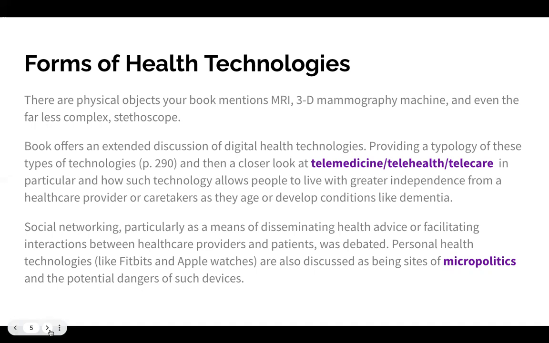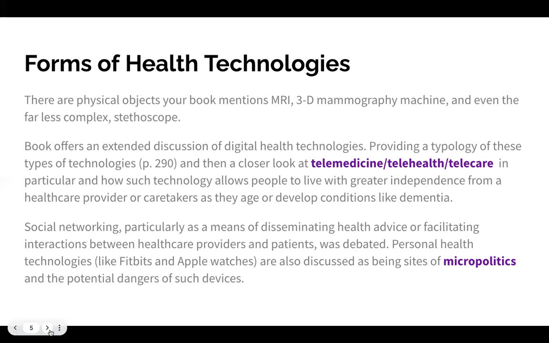The first one that they focus on is the one that they identify as becoming an increasingly common approach in providing healthcare, which is telemedicine. Sometimes it's also referred to as telehealth or telecare.